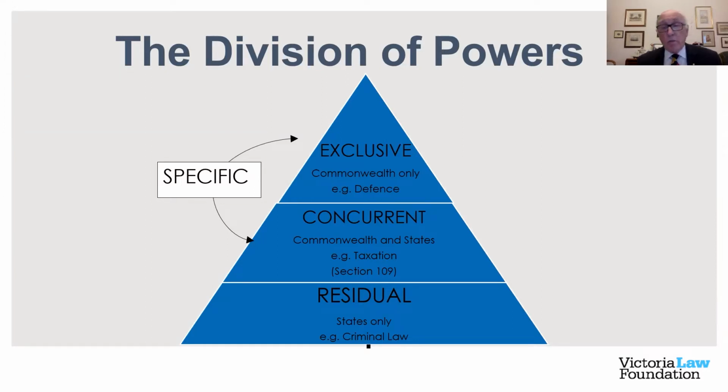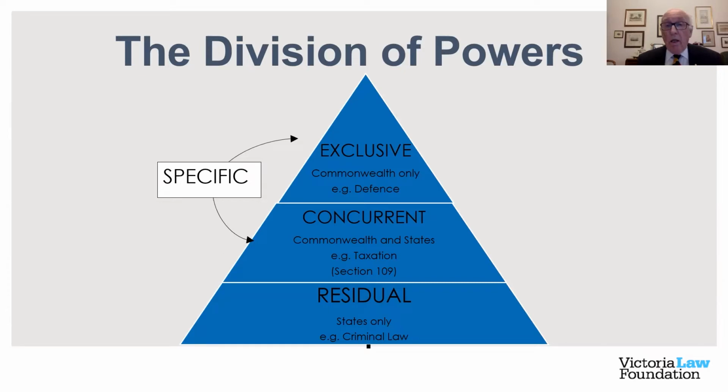Now, those exclusive powers are few and far between, but they cover things like defence and immigration and those sorts of issues that it was seen as absolutely essential that only the Commonwealth should have power to make laws about. In the middle, you find those that are concurrent. Both of these, the exclusive and the concurrent, are known as specific because they're actually written into the Constitution.